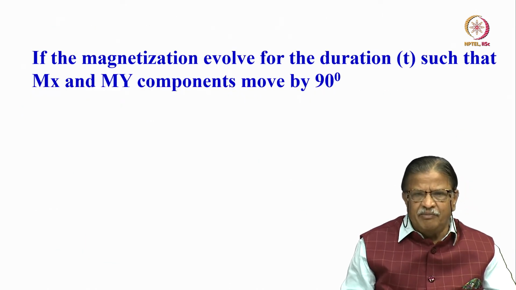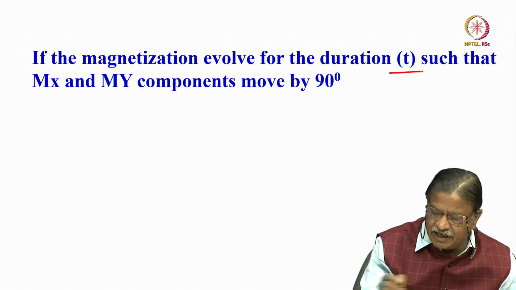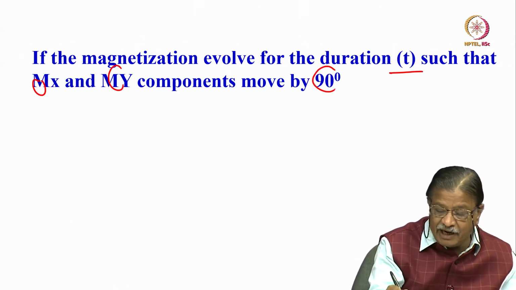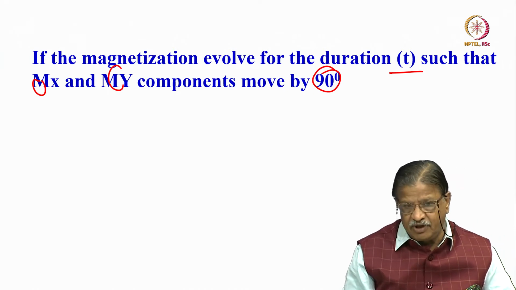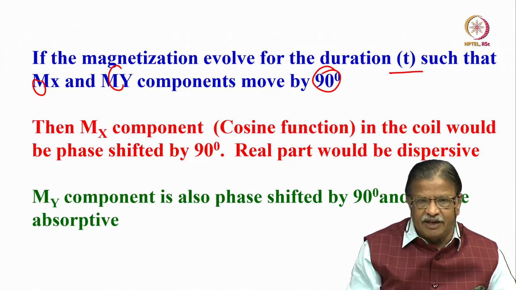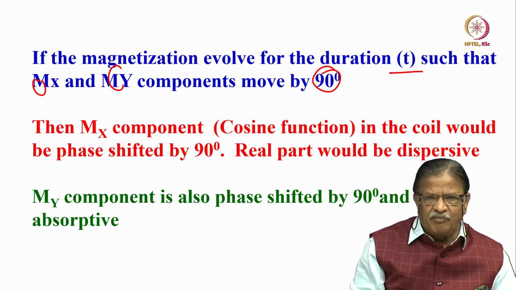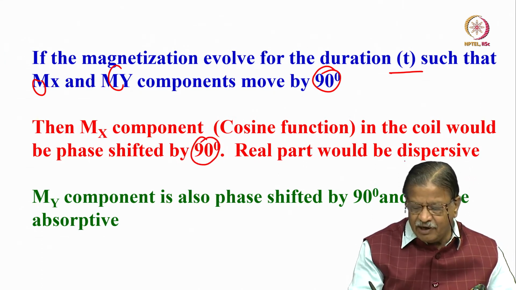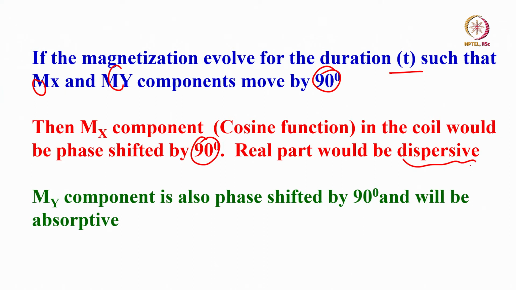Okay. If the magnetization evolved for a duration t such that the Mx and My components move exactly by 90 degrees, understand the point, they have moved exactly by 90 degrees. So what will happen? The Mx component in the coil would be shifted by 90 degrees. The real part will appear dispersive, and the My component is also phase shifted by 90 degrees and will be absorptive.